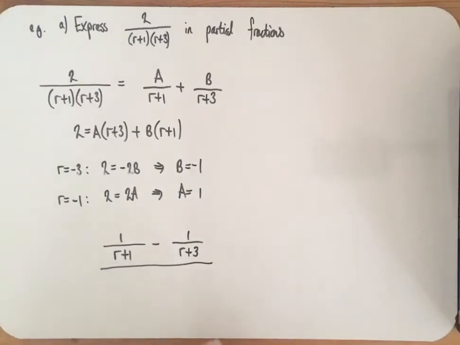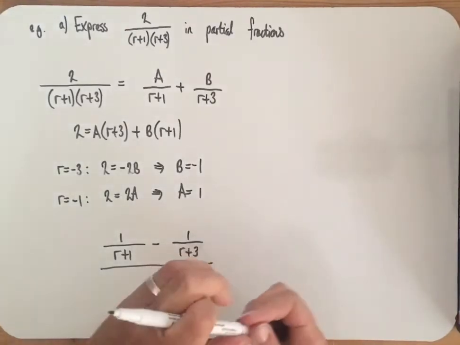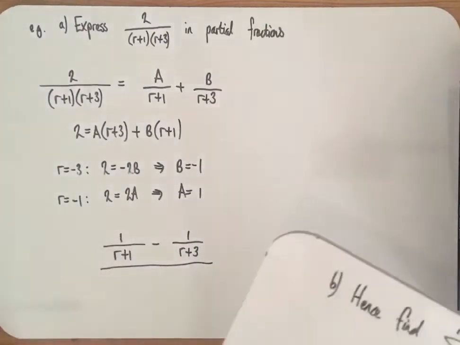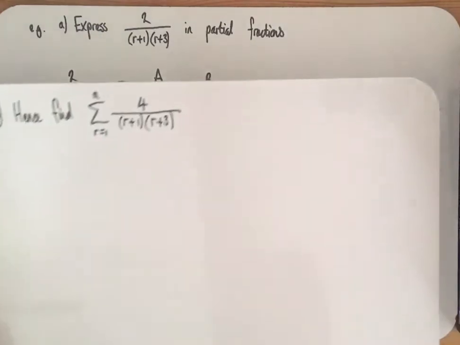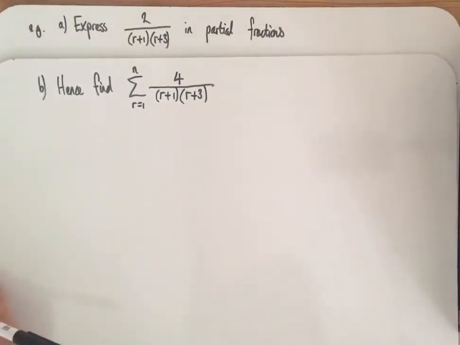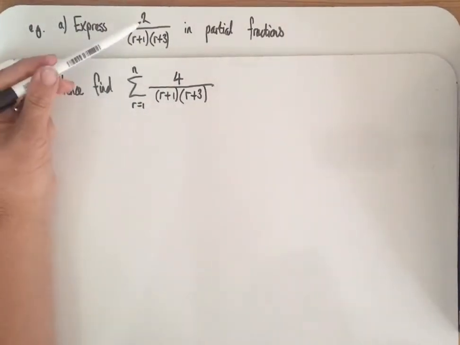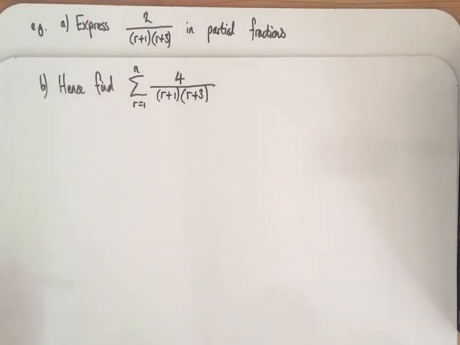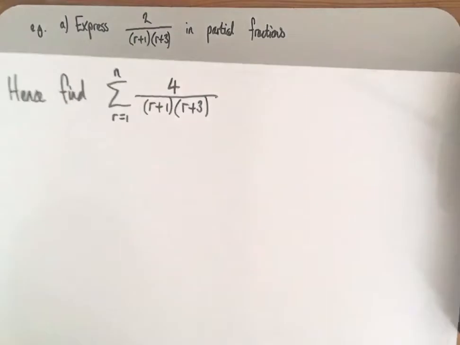So we can use method of differences to find a sum. So from there, we're going to hence find this here. Just notice that's a 2 and that's a 4. So just keep an eye out for little bits like that.